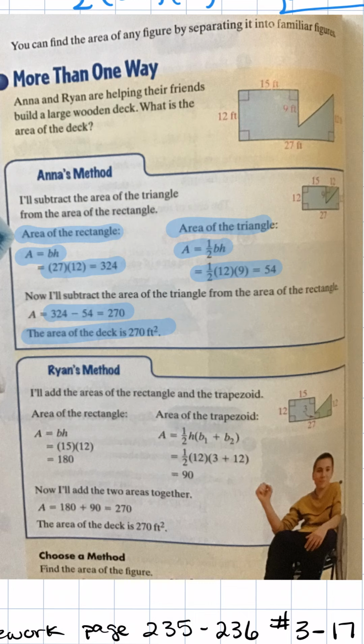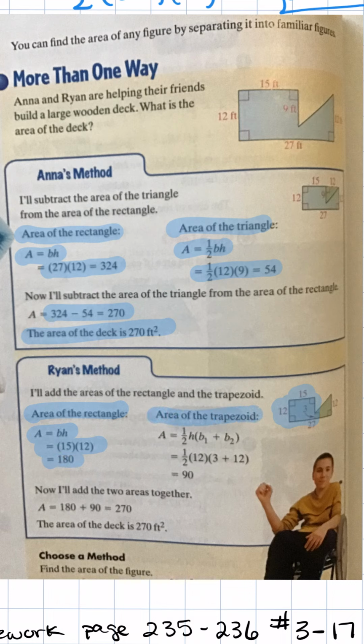Ryan's method is that he'll add the areas of the rectangle and trapezoid. The area of the rectangle is base times height, so he's taking 15 times 12. That's just giving him this rectangle here, equals 180.